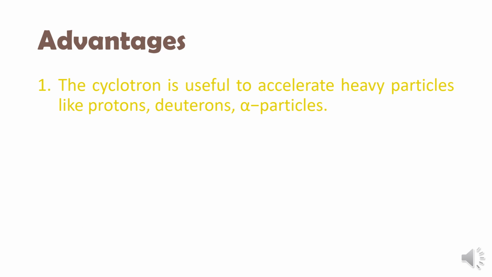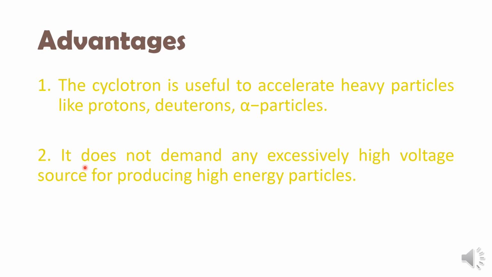Advantages. Cyclotron is useful to accelerate not only the light particles, but it can also be used to accelerate heavy particles, protons, deuterons, alpha particles, etc. It does not demand an excessively high voltage source for producing high energy particles.